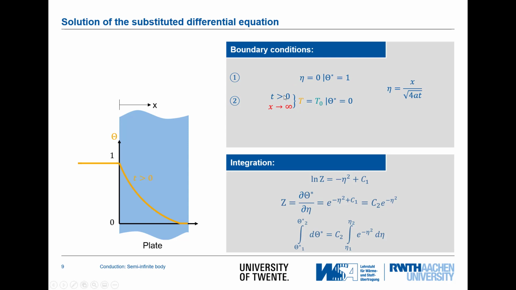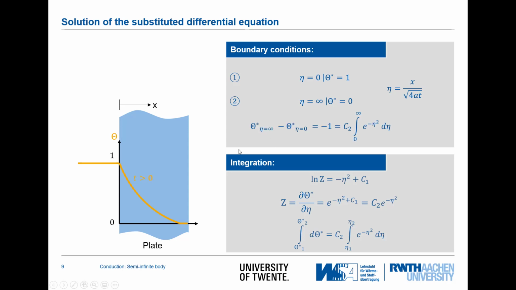The second boundary condition is for x equal to infinity, but also t larger than 0. To what does this translate? We see if x is equal to infinity, eta is also infinity. So for eta being infinity, the temperature theta star is equal to 0. Now with these two boundary conditions that we can enter in this equation, we can obtain a solution.